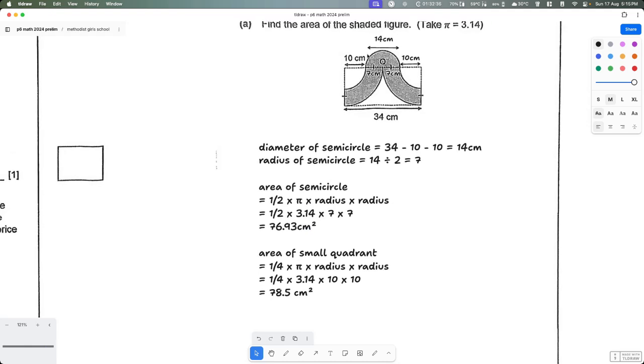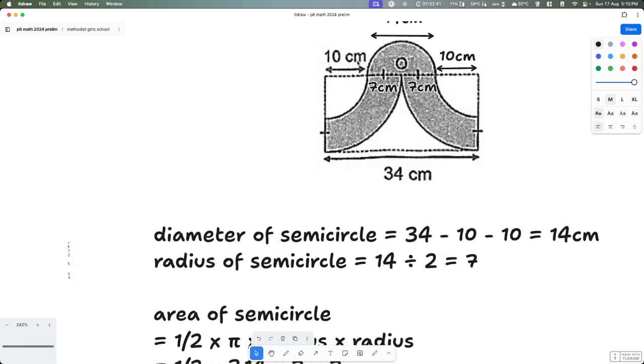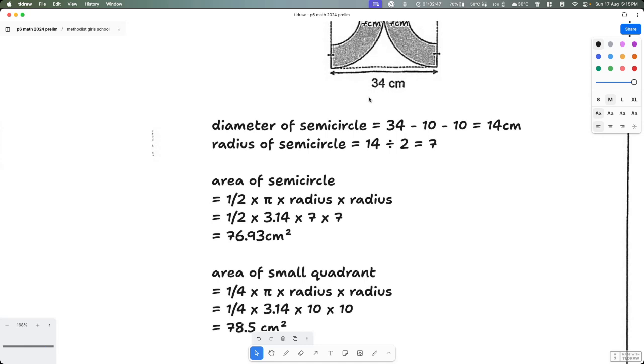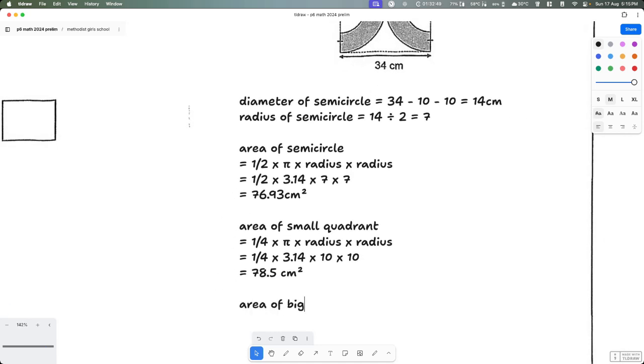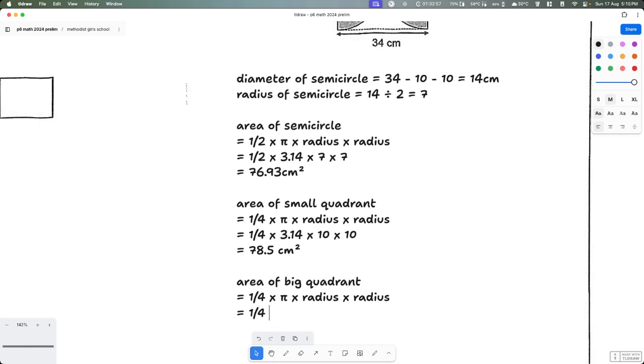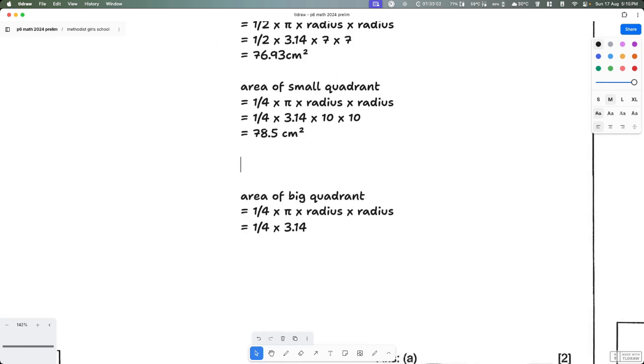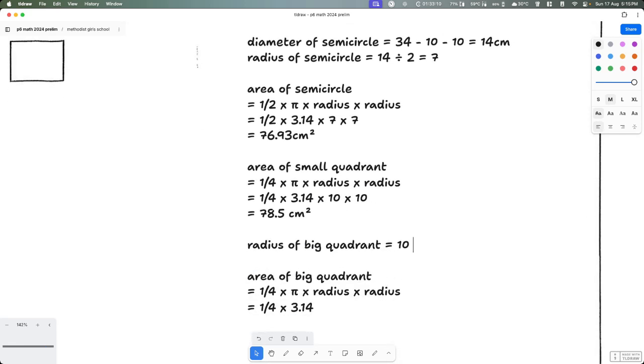Okay, so we also want to get the area of the big quadrant. The big quadrant's radius is 10 and 7 centimeters. So area of big quadrant is the same thing, 1/4 times pi times radius squared. So it's equal to 1/4 times 3.14 times the radius, which is 10 plus 7, and this will give us 17.